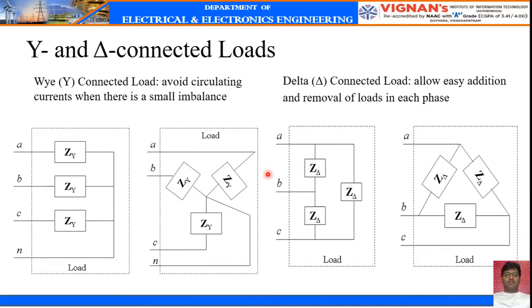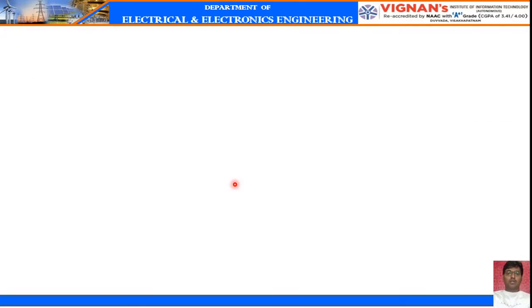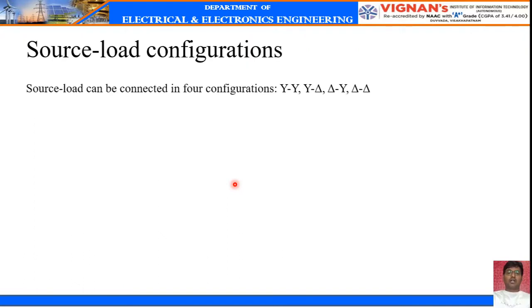So far we have seen there are two connections for the sources and two for the loads: star connected source, delta connected source, star connected load and delta connected load. So there are four possibilities, 2 into 2, of connecting the source and the load.